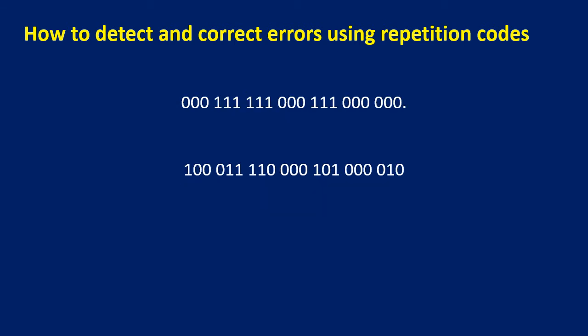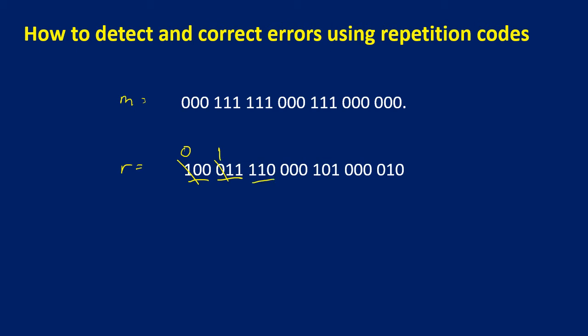Alright, so let's look at that. Suppose this is the original message and this is the received message. If you look at this, 100, I automatically know that since we used a repetition code, this one had an error. Majority wins. Now, take note here, they're not the same, so I know that this one had an error.